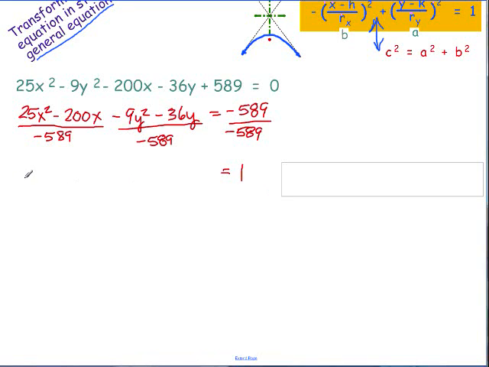Let's see. We could look at this as the whole thing being negative. 25x squared plus, oops, sorry. I just took this negative and moved it. So underneath here I have a positive 589. And nothing changed in my denominator.